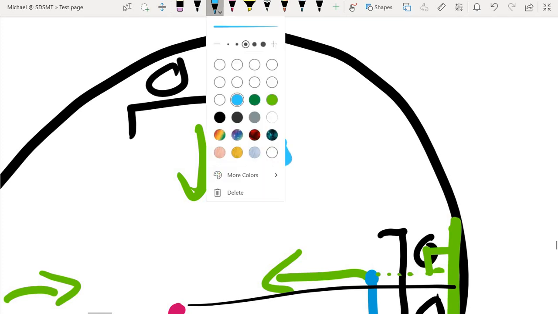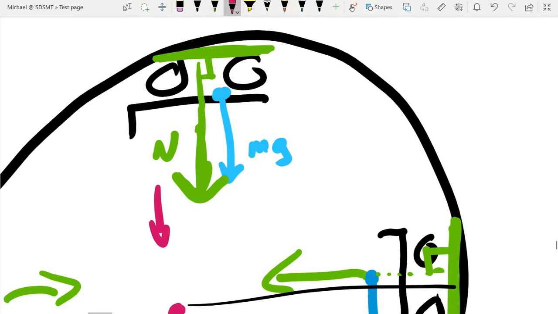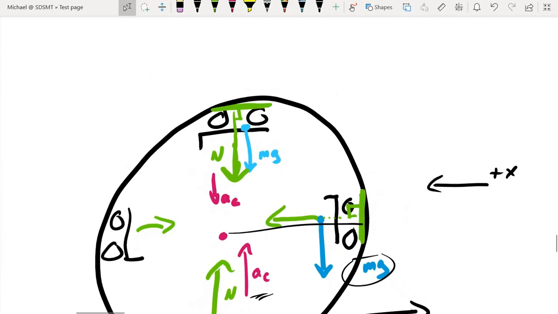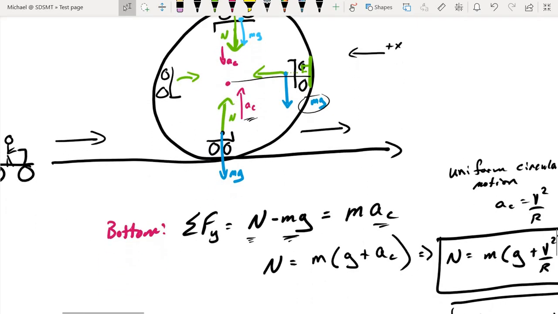And as long as the bike is still touching the track, the track is still going to push on the bike, normal to the surface of contact. And so we have a normal force. In terms of centripetal acceleration, I now have both the normal force and the weight pointing towards the center of the circle.